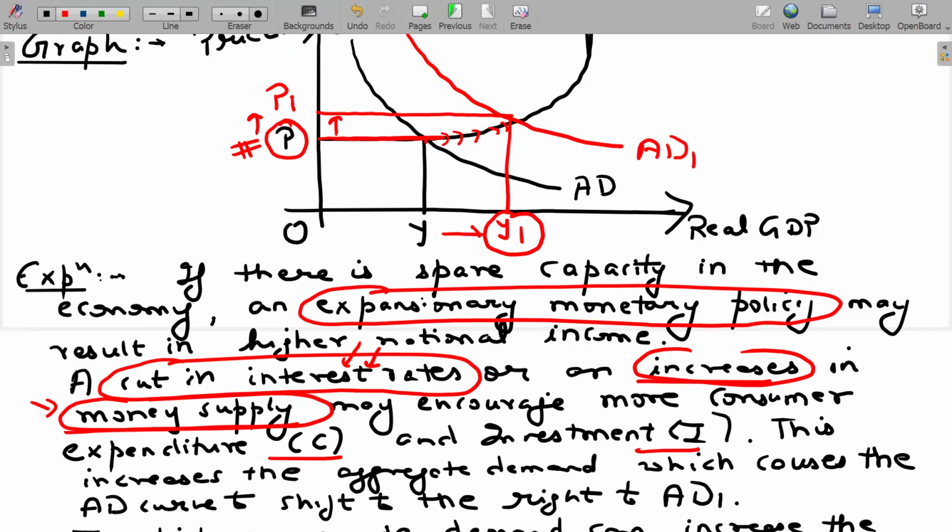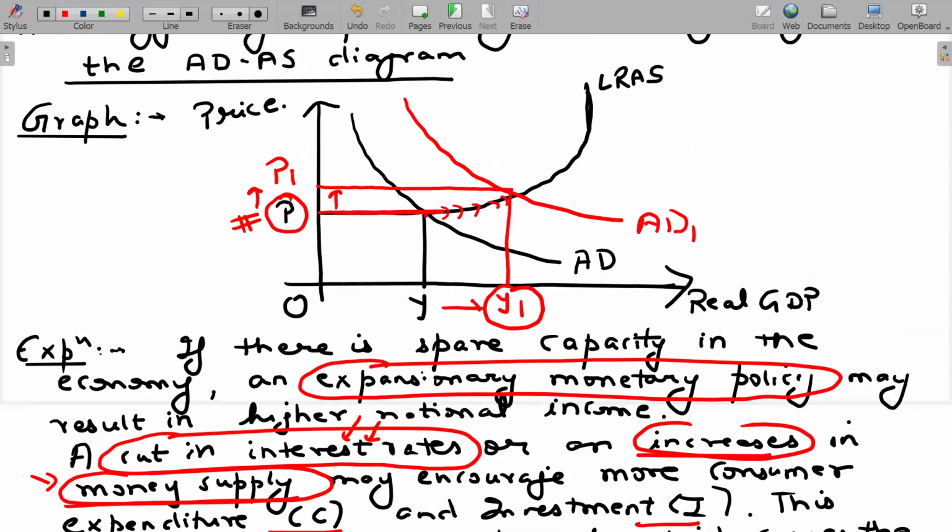Okay, so what we learn is that if the economy has spare capacity, expansionary monetary policy can cause an increase in both the price as well as the output level.